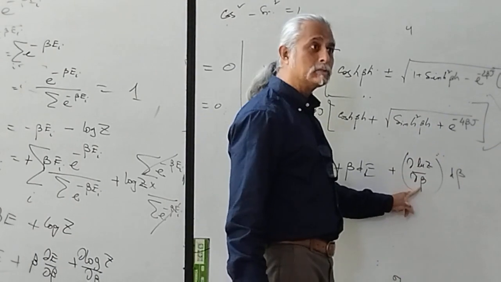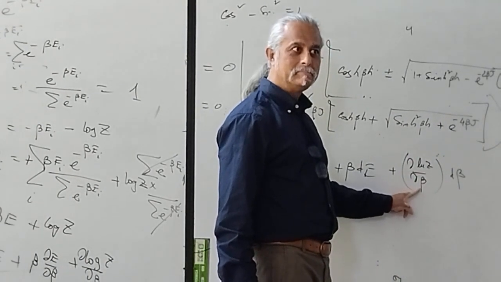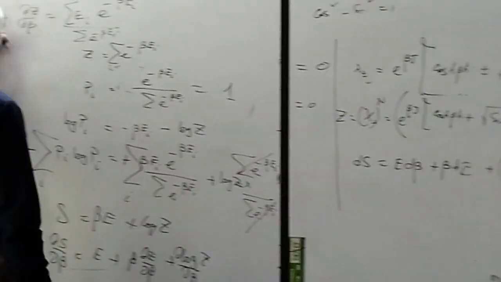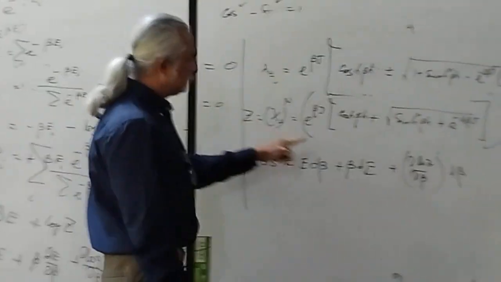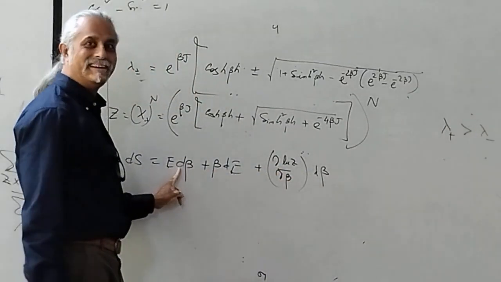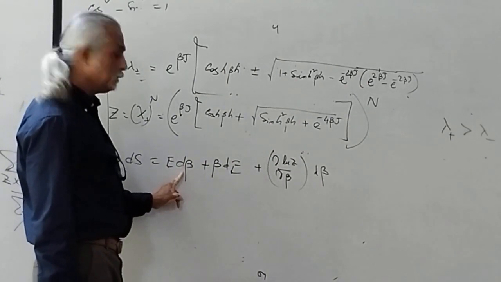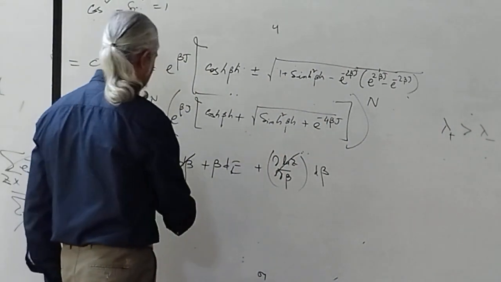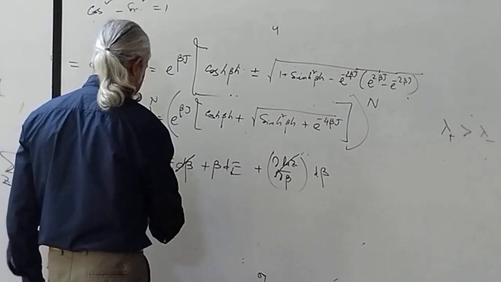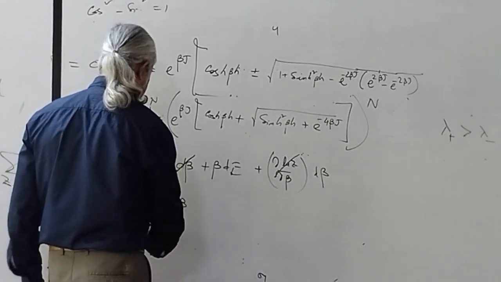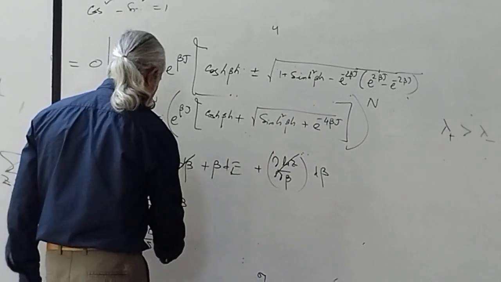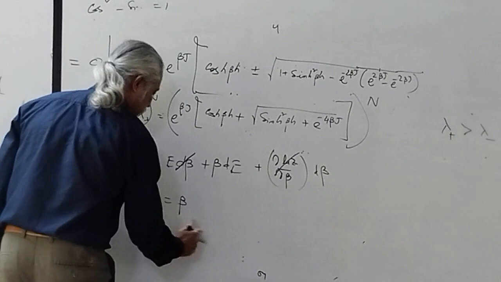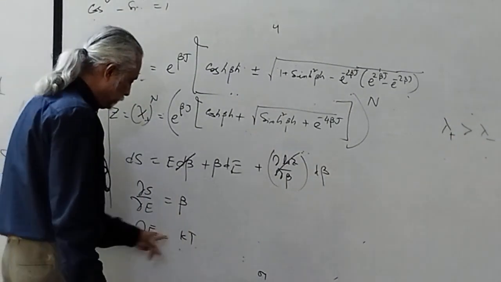Del log Z by del beta equals minus E. So if this is minus, then minus E d beta plus E d beta cancel, don't they? Then del S by del E equals beta. In other words, del E by del S equals 1 by beta. That means I can write beta as 1 by kT. K can actually go into the entropy definition.